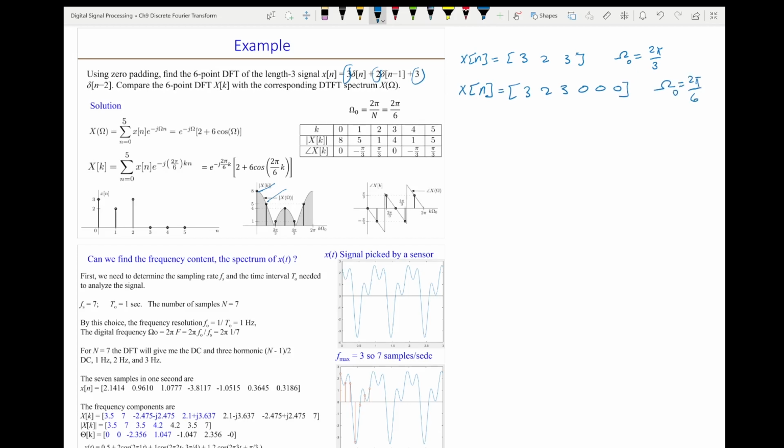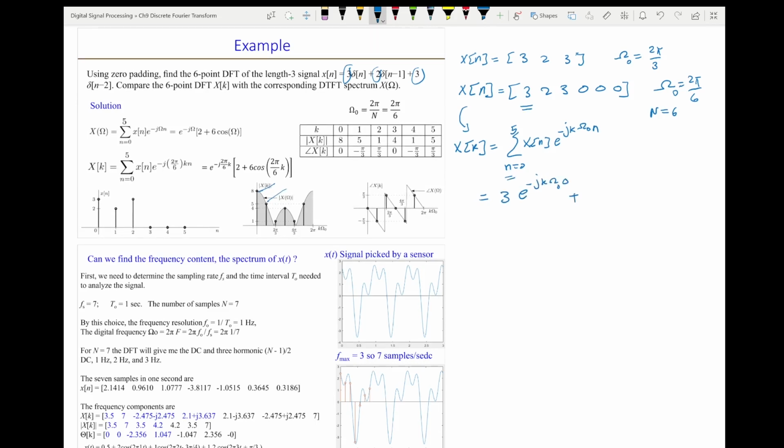And now we will carry out the discrete Fourier transform to find x of k, which is, again, this is the definition, n minus 1, which is 5, because n here is 6. Okay, so when n is 0, x of 0 is 3.